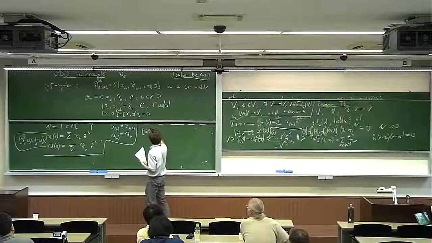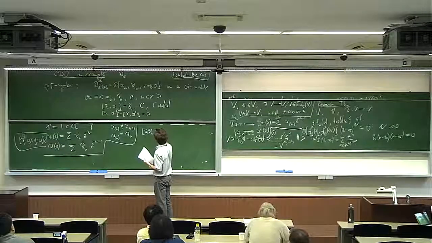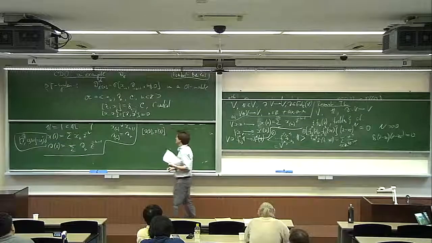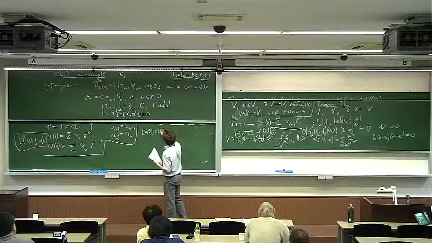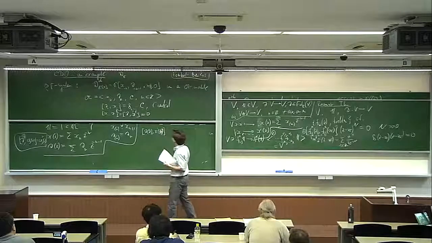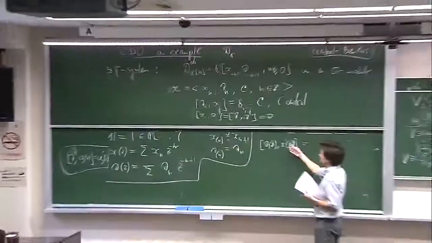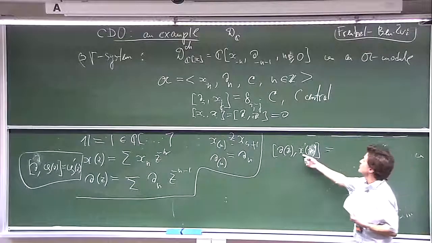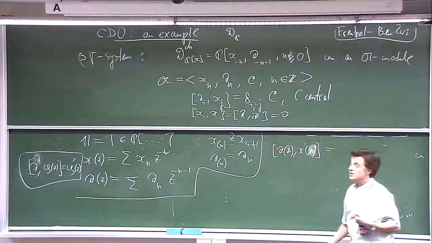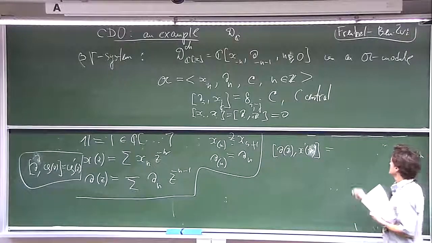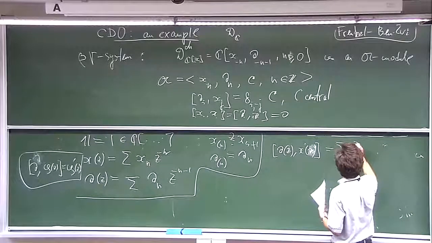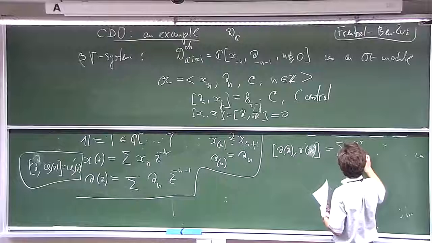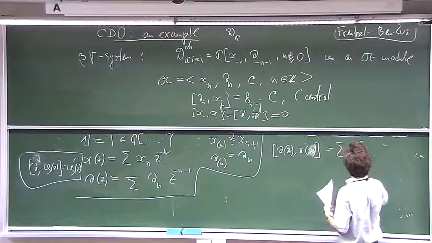So if there are enthusiasts here, then they are advised to verify that the bracket of this, it's easy to compute, there will be either zeros or ones. So this is just the generating function of all those commutation relations, and the answer will be precisely the delta function I mentioned.